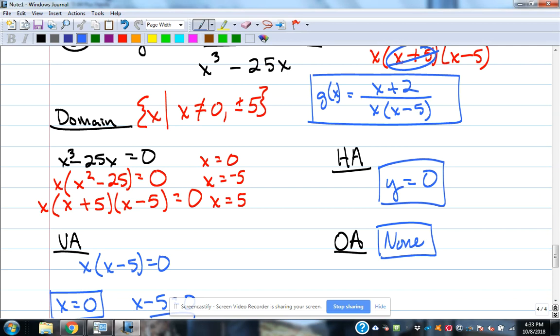Whereas if I took x squared and tried to divide it into x cubed, squared does go into cubed, right? So if the top is smaller, it's kind of like dividing 7 by 9. 7 can't be divided by 9 because the 9's too big. Same way here, x squared minus 5x, the denominator is too big to go into x plus 2 on the top. And so that's why it's y equals 0 there, because it can't go into it at all.